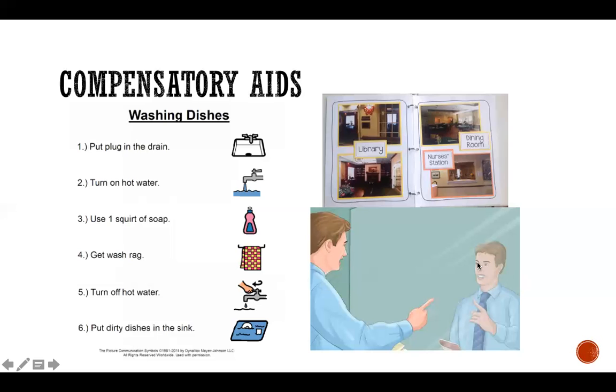And this rehearsal creates repetition in what they have to do, rehearsing the steps of washing dishes.